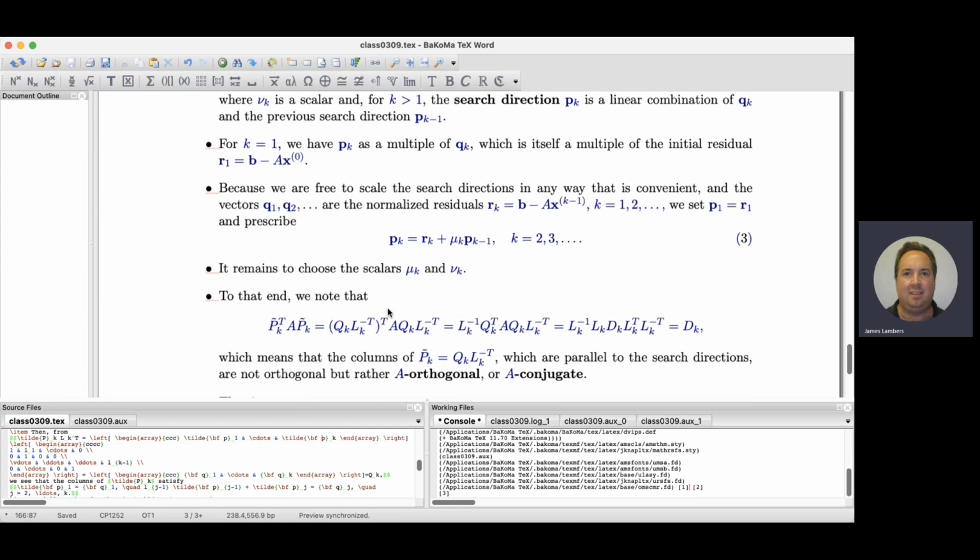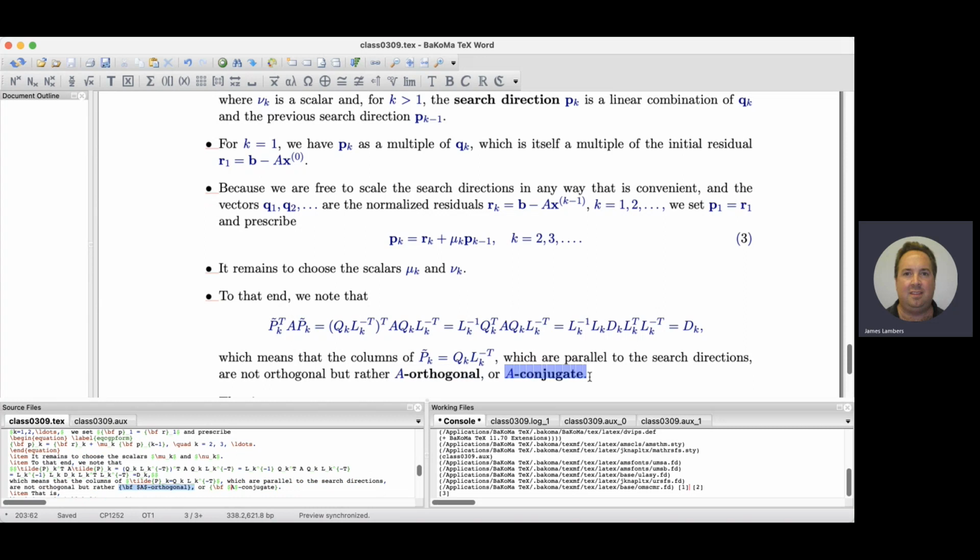Now, remember if the dot product of two vectors is 0, those vectors are orthogonal. We don't have that here. We have p_i tilde dot product with A times p_j tilde. So we call that A-orthogonal, or A-conjugate. So it's a different notion of inner product than the standard one.